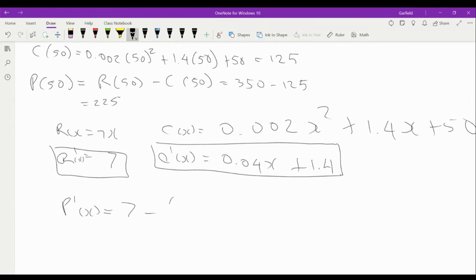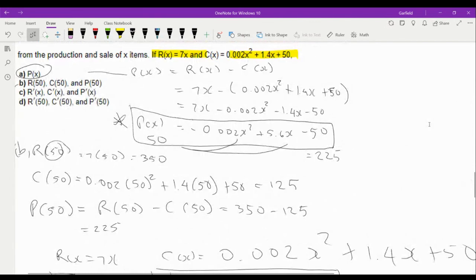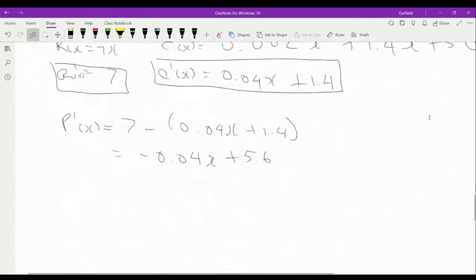So it could be 7 minus 0.04 x plus 1.4, which is negative 0.04 x plus 5.6. Or you could go up to the top and take the derivative of the profit function, which is going to give you the same thing. So this is P prime of x.